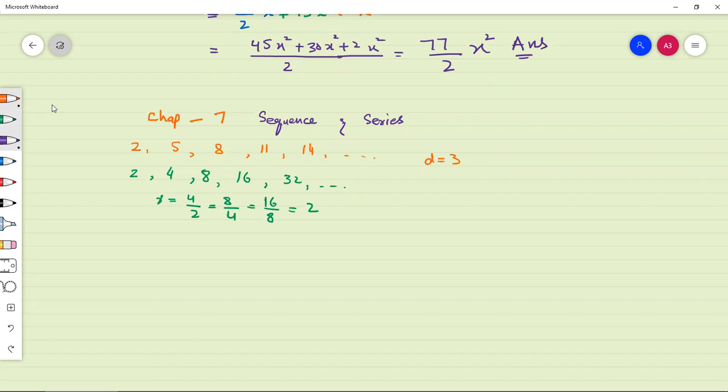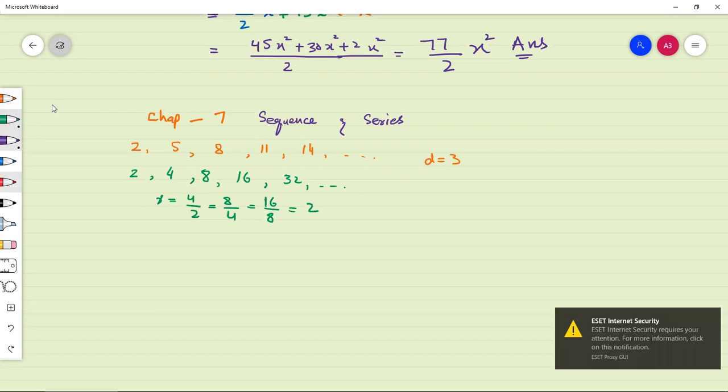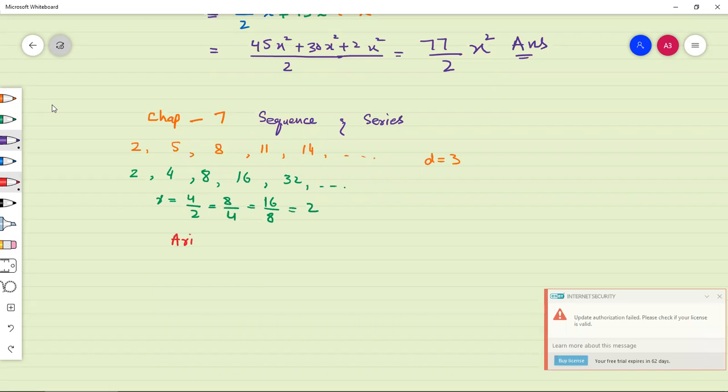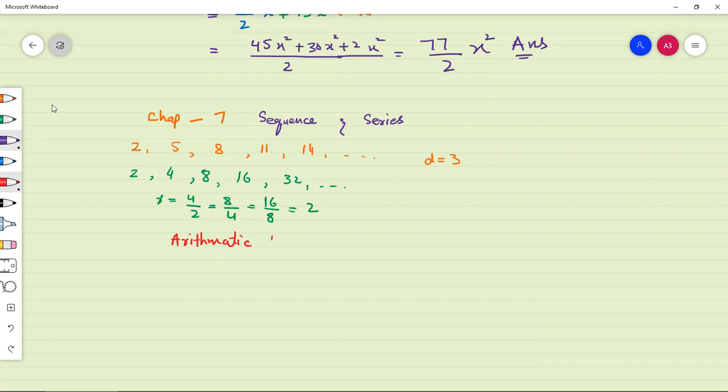So in this chapter, you have to learn two types of sequence. The first one is arithmetic progression. Arithmetic progression or sequence. Progression is also called sequence. And number 2 is geometric progression.